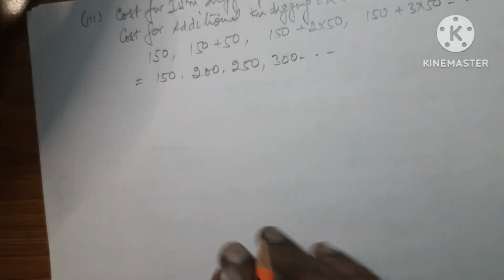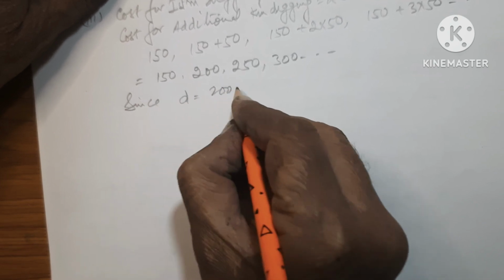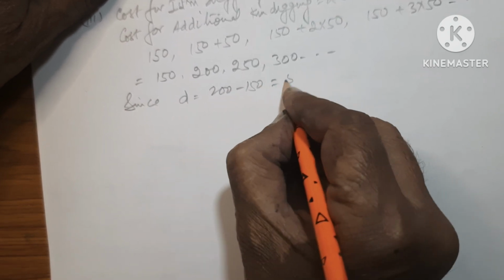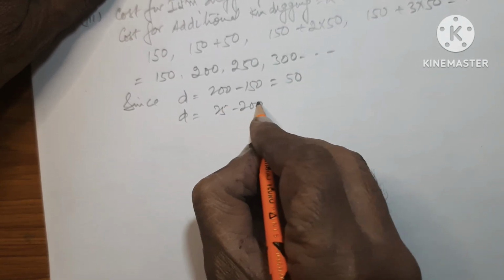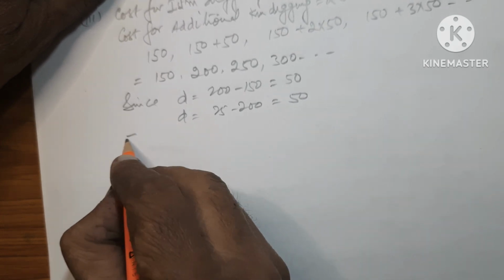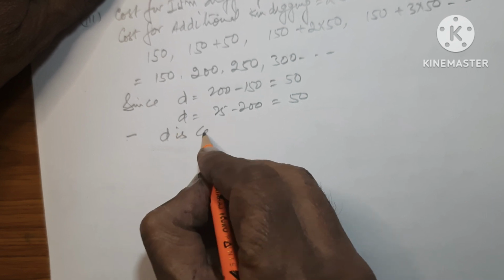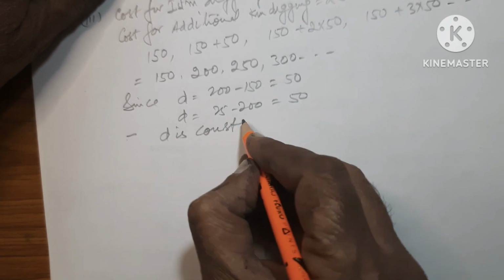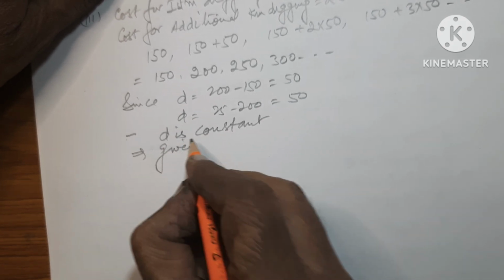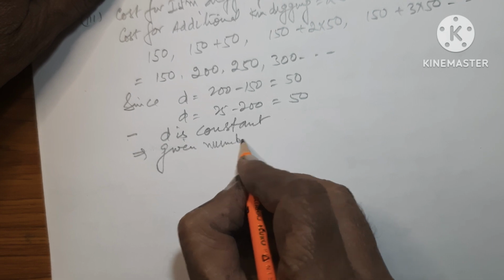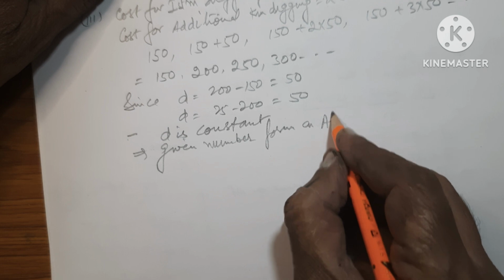So this is the sequence. Since D is the same: D is equal to 200 minus 150, which is equal to 50. D is equal to 250 minus 200, which is equal to 50. So D is constant. Therefore, the given numbers form an AP.